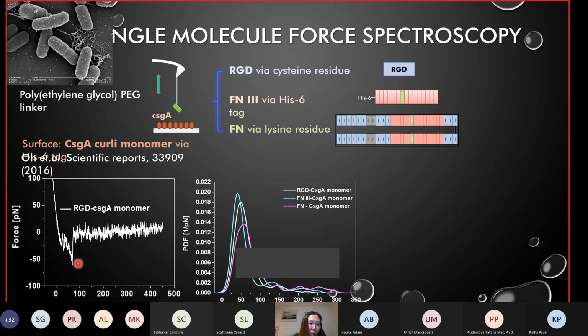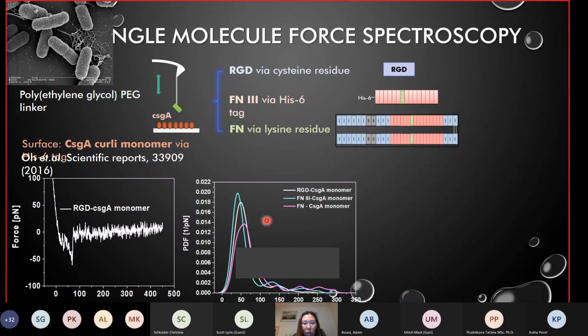And when we perform this experiment many times, like 1,000 to 5,000 or 10,000, we can collect enough statistics to work out what the most common unbinding force is. So you can see in this distribution of force, the probability density function shows basically how often it occurs.